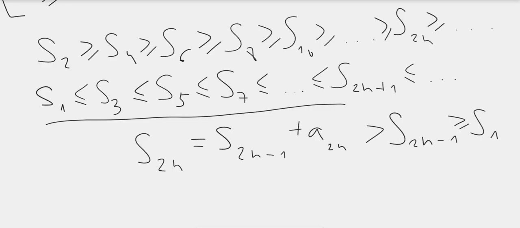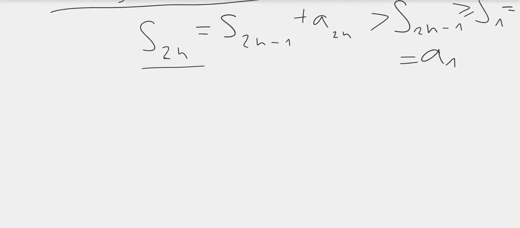I said decreasing earlier, but the odd sums are increasing. S1 is equal to a1, which is a constant. So we concluded that the partial sums with even indices are bounded from below, and they're decreasing, therefore they converge.